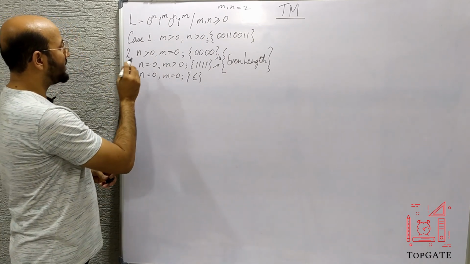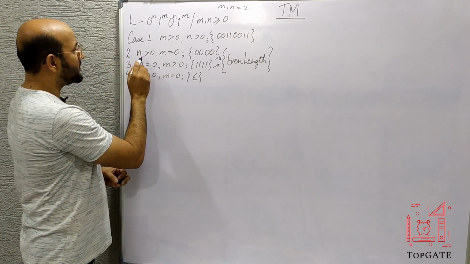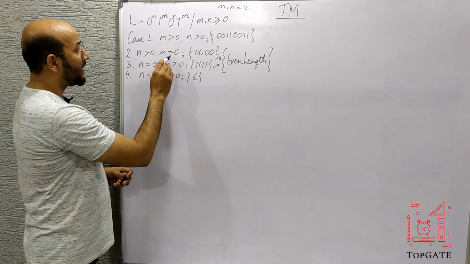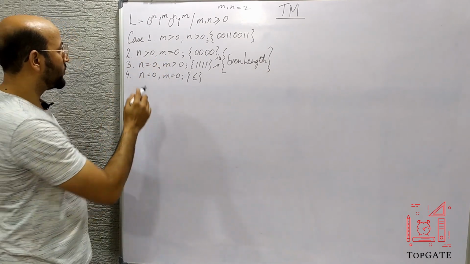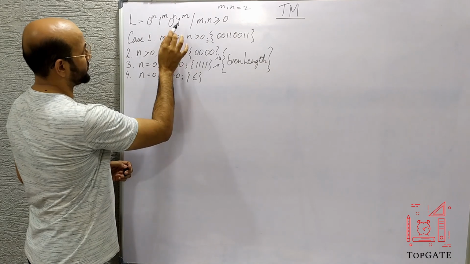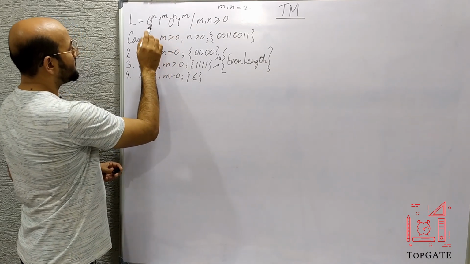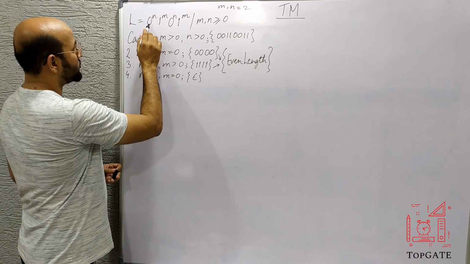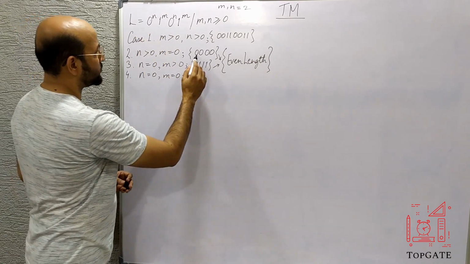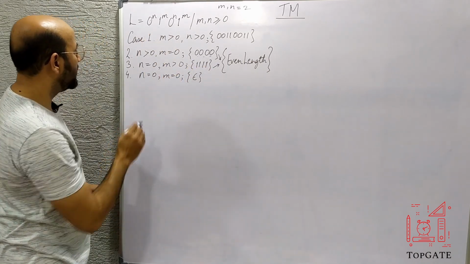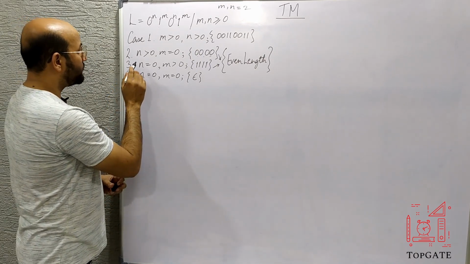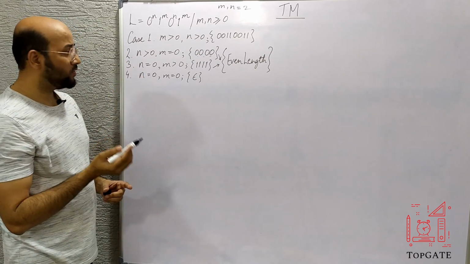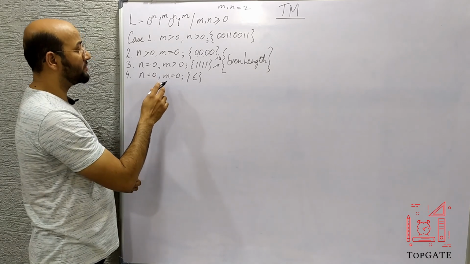The second case is if the value of n is greater than 0 and the value of m is equal to 0. In that case there will be no ones, only zeros. If I take n equal to 2, then I get 0000, that is 00 and 00. The third case is if n is equal to 0 and m is greater than 0.